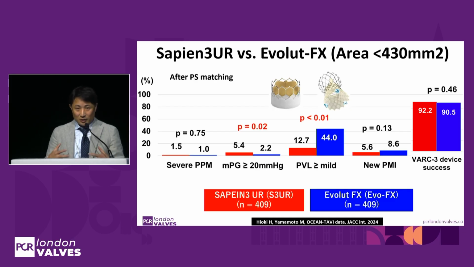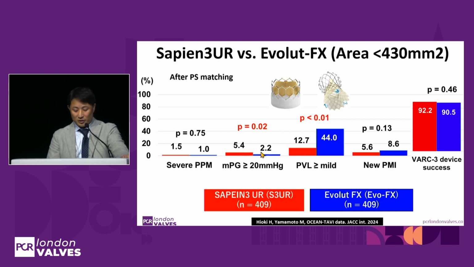So here is a starting line to consider the valve hemodynamics. This is data from the OCEAN TAVI registry, our Japanese internal data. The rates of severe PPM are surprisingly similar between the balloon expandable valve and the supraannular self-expandable valve.